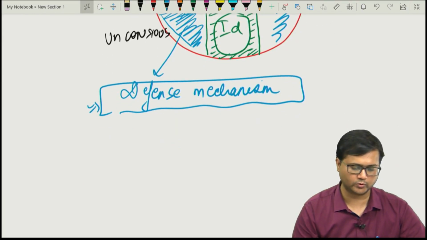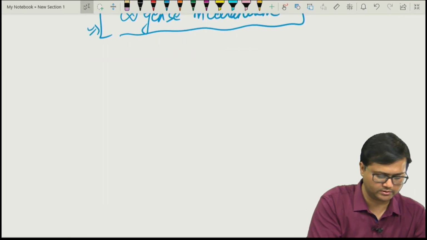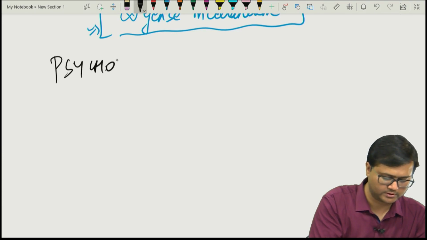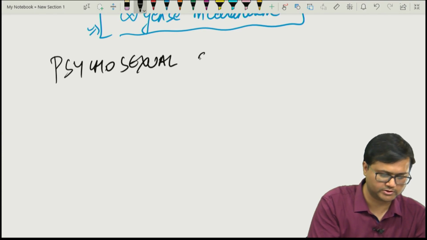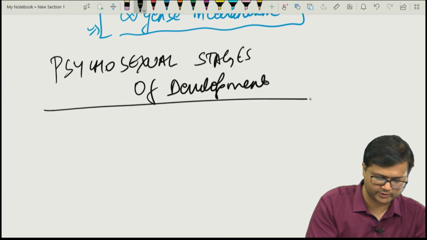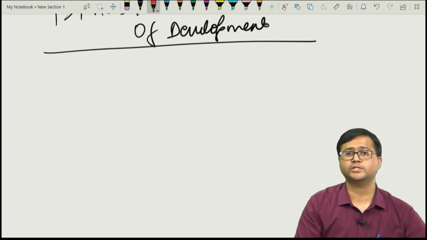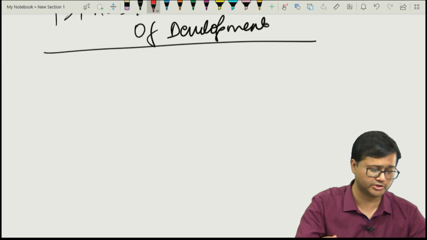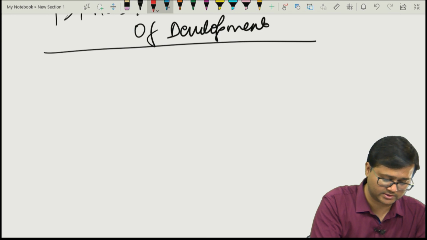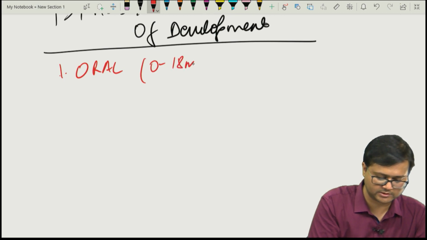Then Freud also gave the psychosexual stages of development. Now according to it, he derived that there are 5 stages through which a person generally moves. The first is the oral stage, which generally is from 0 to 18 months.